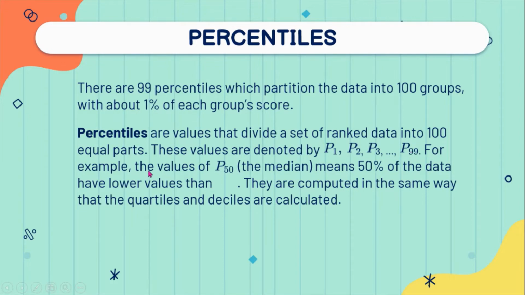For example, the value of P sub 50, or the median, means 50% of the data have lower values than P sub 50. These percentiles are computed in the same way that the quartiles and the deciles are calculated.